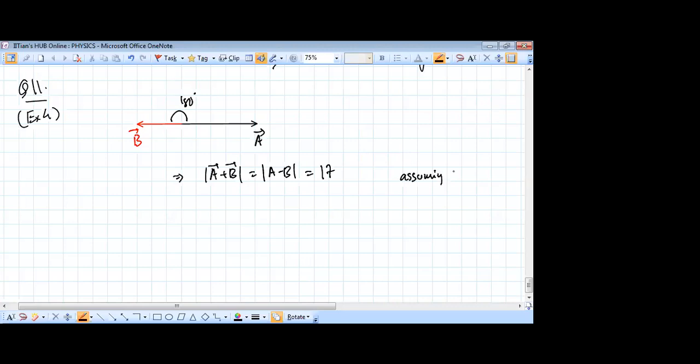Assuming that the magnitude of A is greater than the magnitude of B, we can say that A minus B is 17. That's equation 1. Now suppose I turn the vector B without changing its magnitude. I keep the magnitude the same, but I just rotate the vector.